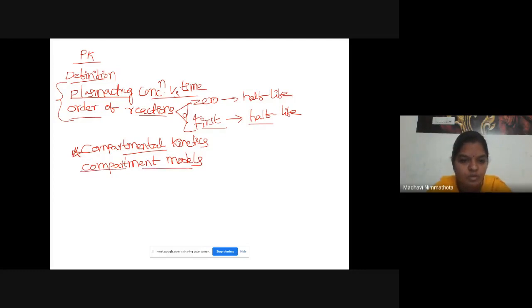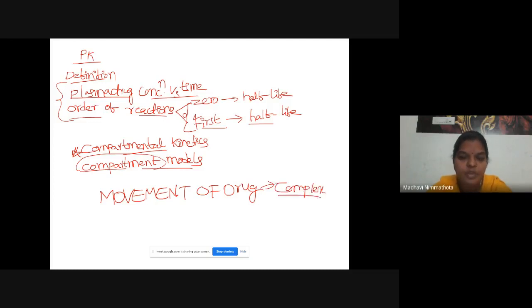So, what do you mean by compartment models? You have to analyze the movement of the drug in the body. It is a very complex process. Why? If the drug is absorbed, distributed, metabolized or undergoes elimination, it will be very difficult to determine the movement of the drug in the body.